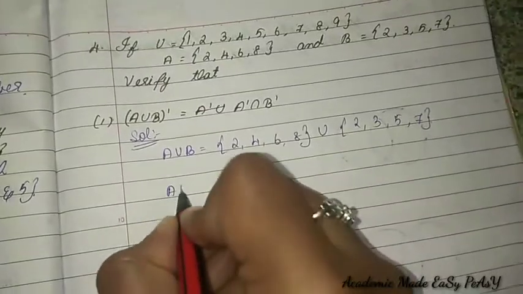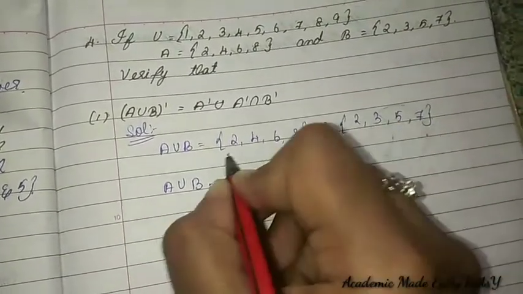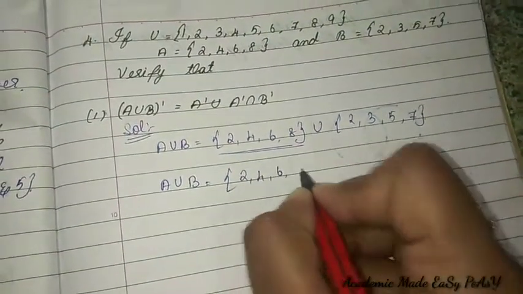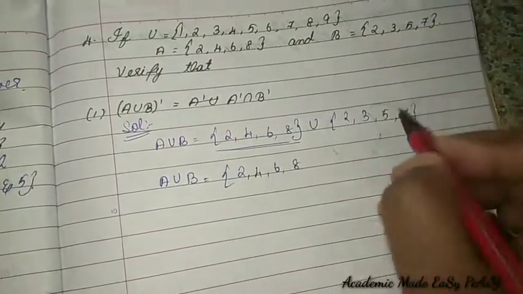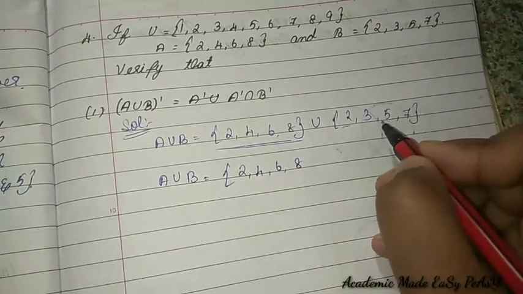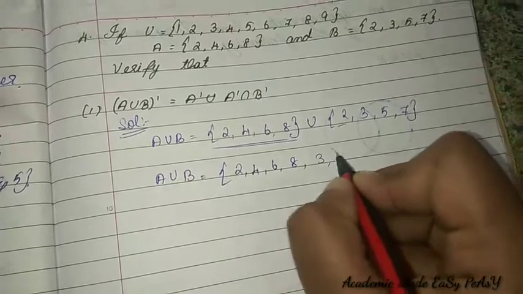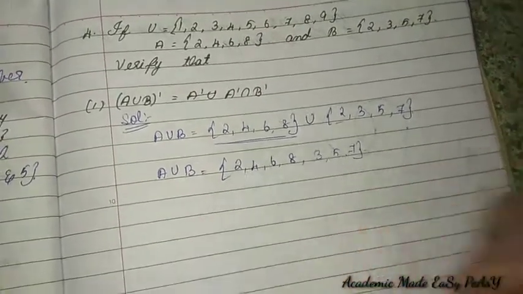So A union B is equal to, I will write all the elements from set A, 2, 4, 6, 8, and leaving out the common elements, 2 alone is common. So therefore {2, 3, 4, 5, 6, 7, 8} is A union B.